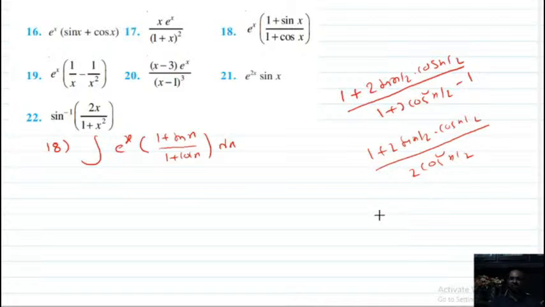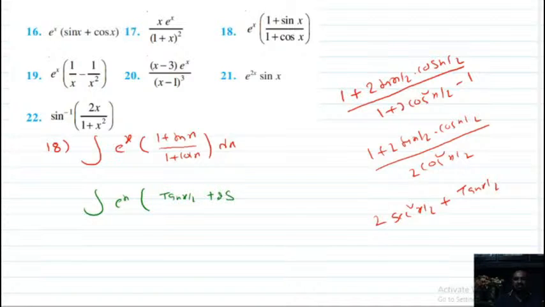We get 2 secant square x by 2 in one part, and in the other one cos gets cancelled, giving tan x by 2. So I will write integral of e power x into tan x by 2 plus 2 secant square x by 2.